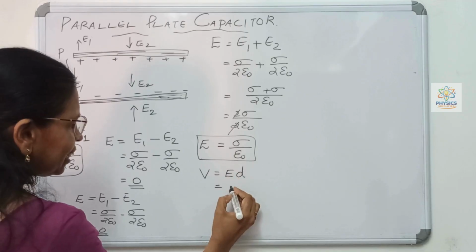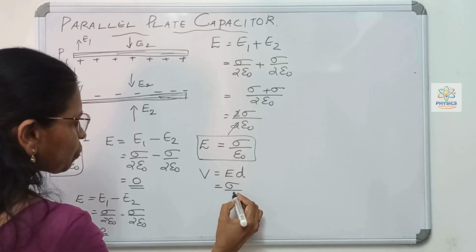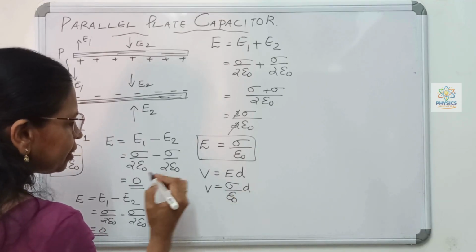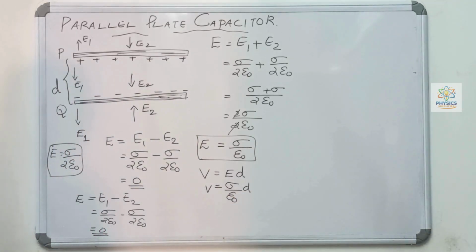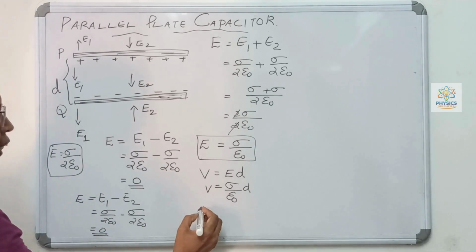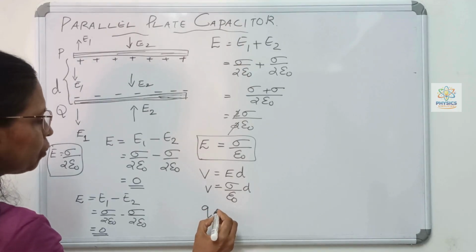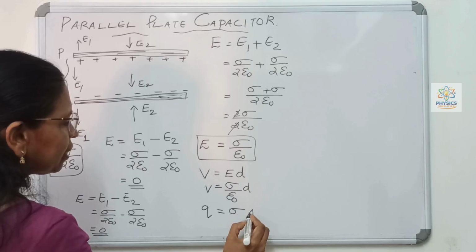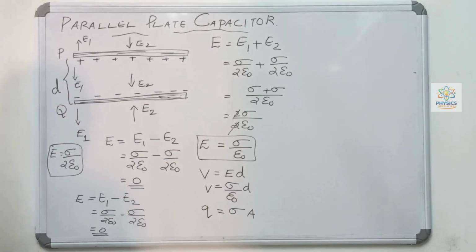Substituting the value of E, we get sigma by epsilon 0 into D. This is the potential. Since it is a plate, the charge Q can be written as Q is equal to sigma into A. Sigma represents the surface charge density, and A represents the area of the plates.